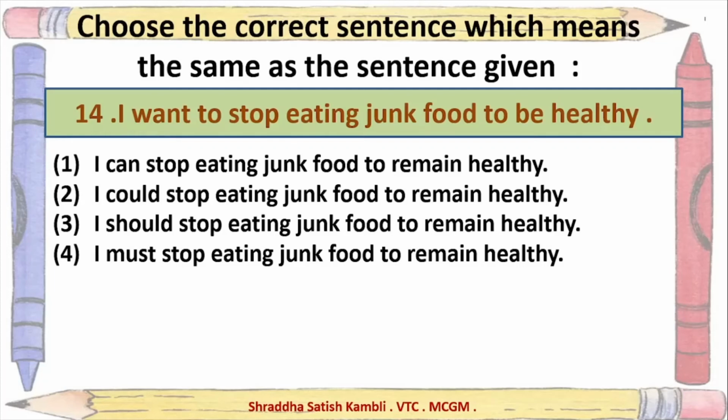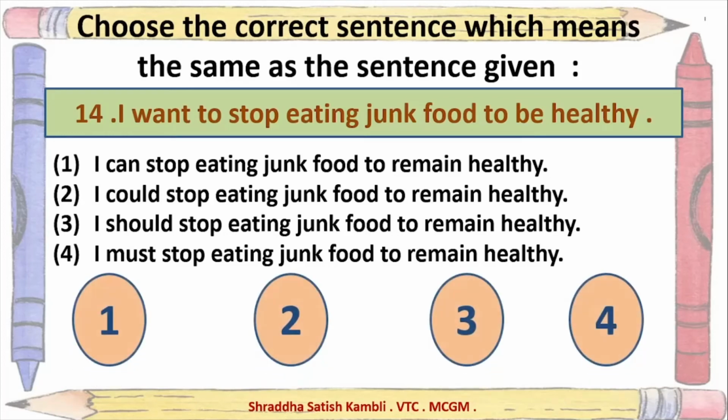You wish to become healthy. So which word should you use? I should stop eating junk food to remain healthy. I must stop eating junk food to remain healthy. So which one will be the correct one? It will be the third one. I should. You're telling yourself, I want to become healthy. But for that, I should first stop eating junk food.